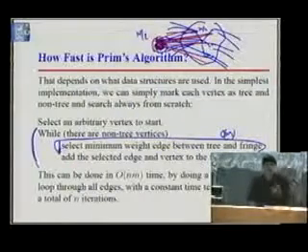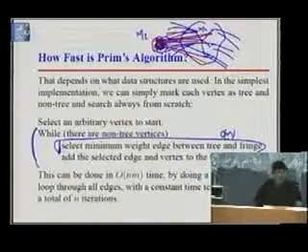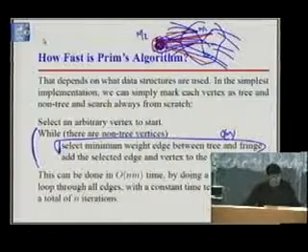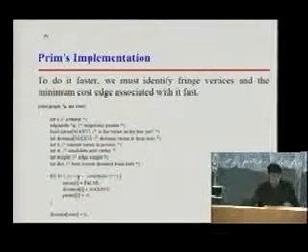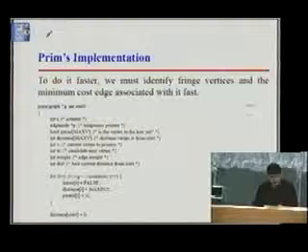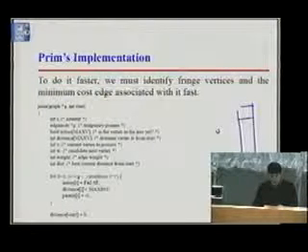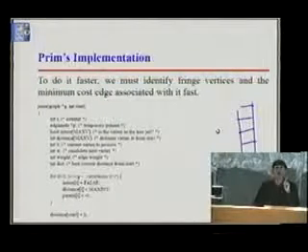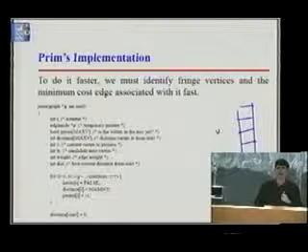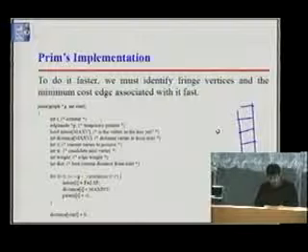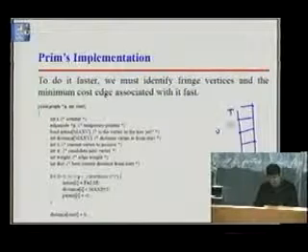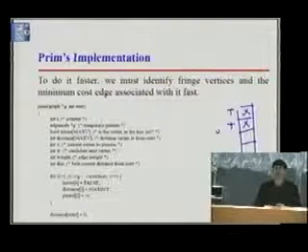So how are we going to make this faster? What we are going to do is keep a data structure that keeps track of, for each vertex, what is the cheapest way I know of so far to get me into the tree? If I have a vertex that's in the tree, I'm already in the tree.